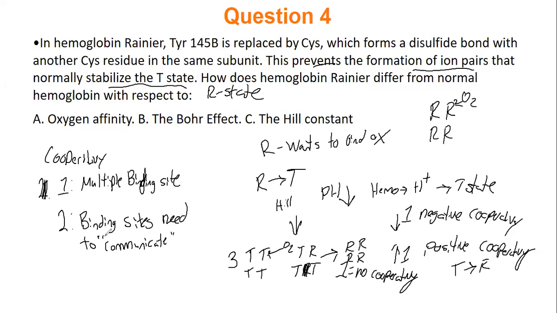And remember, this is how that communication is done in hemoglobin. When oxygen binds, the iron is pulled towards the oxygen. When iron is pulled down, histidine gets pulled down with it. When histidine gets pulled down, the whole F helix, which is part of hemoglobin, gets pulled down. This causes a change in the tertiary structure of one subunit.